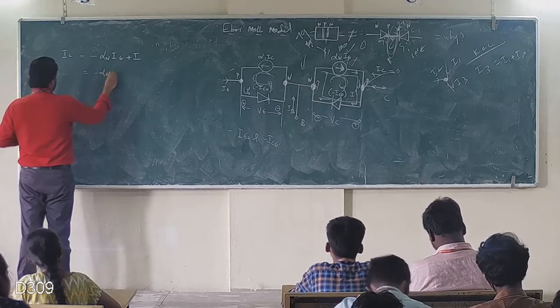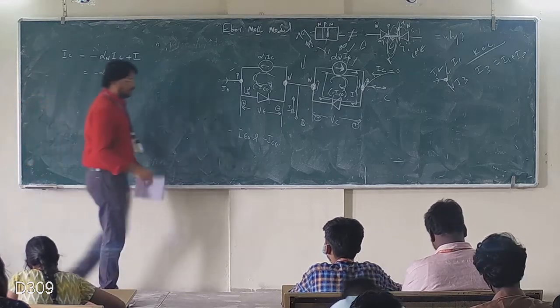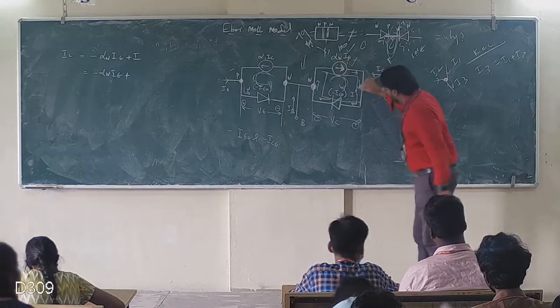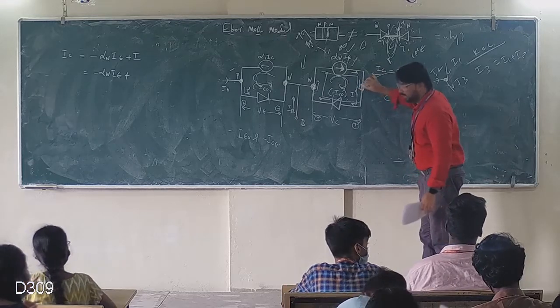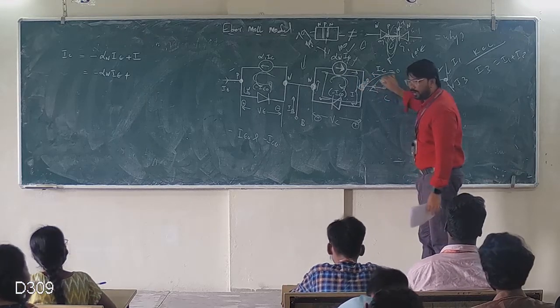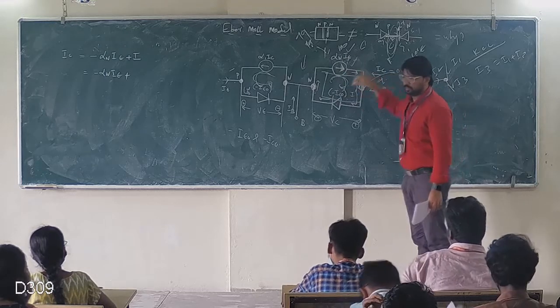Pay attention, this is KCL. I am applying KCL at this node. What is the entering current? IC is equal to the sum of the currents at the node.